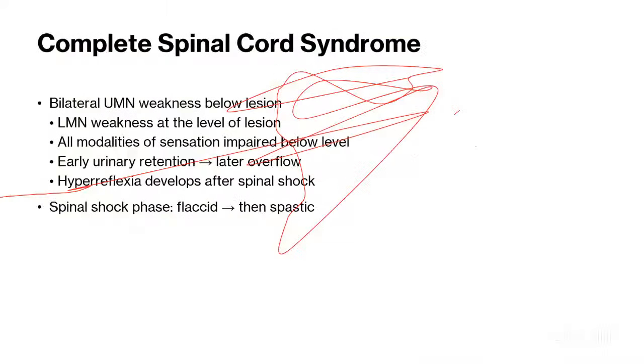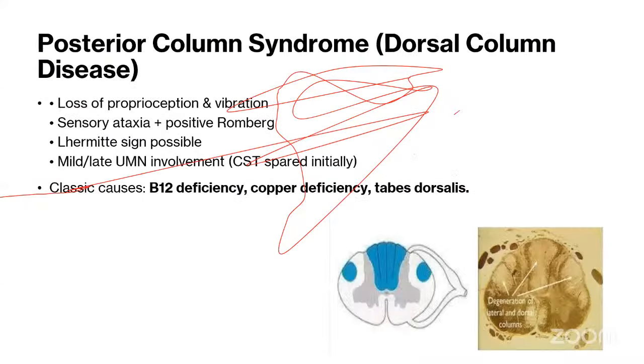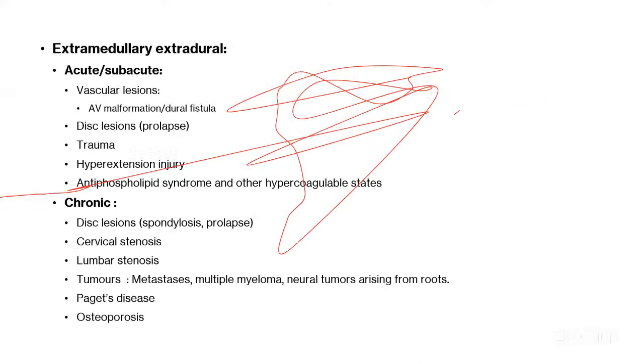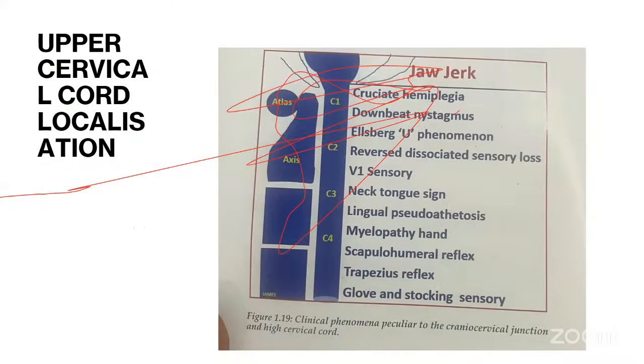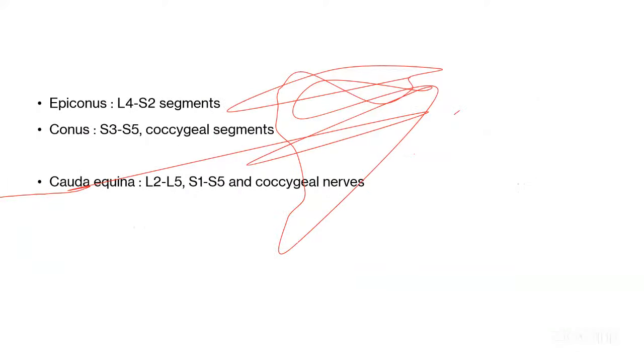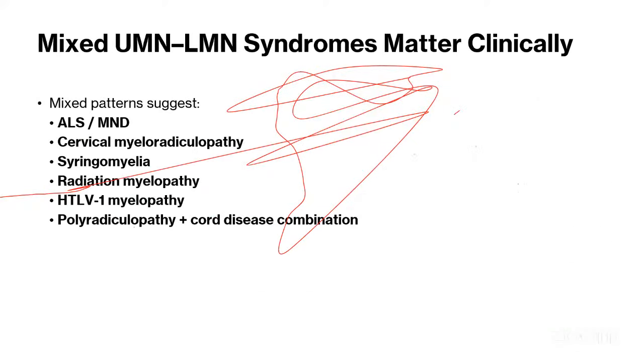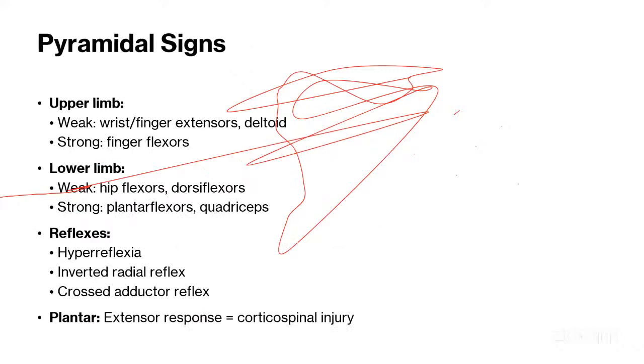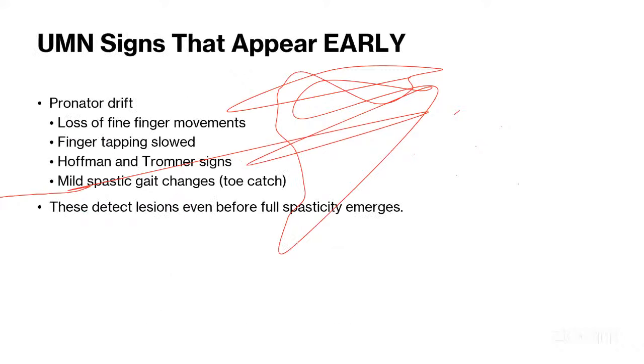The first thing the patient will complain about when he has some UMN involvement is some clumsiness of fine movements, which may go unnoticed sometimes. So that is very important to look for.